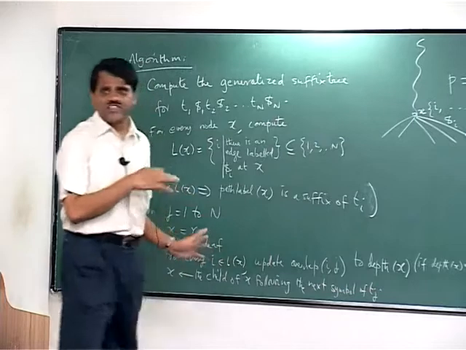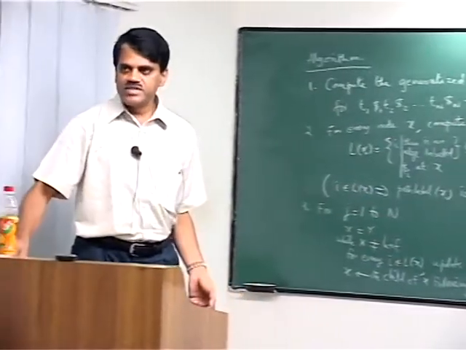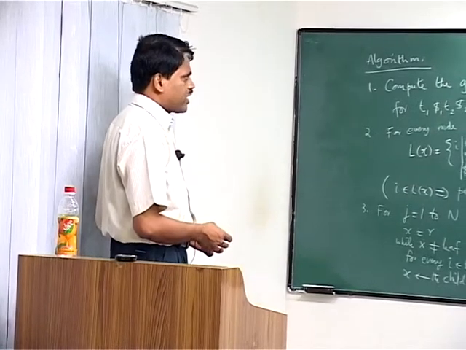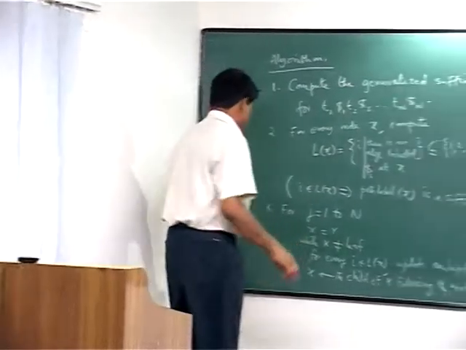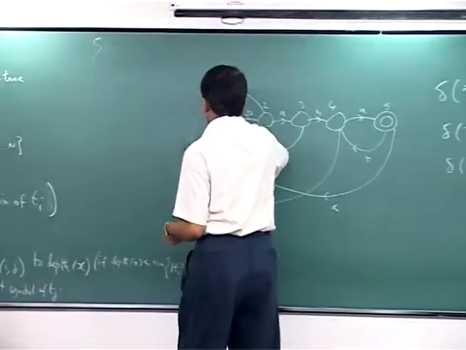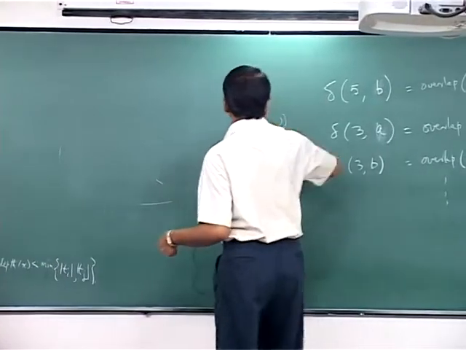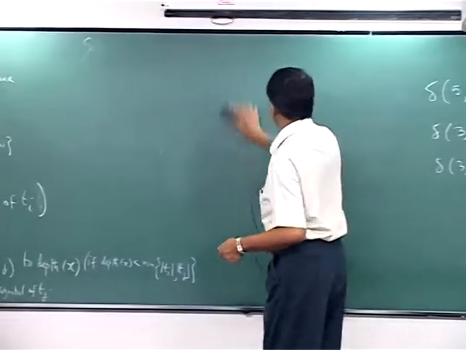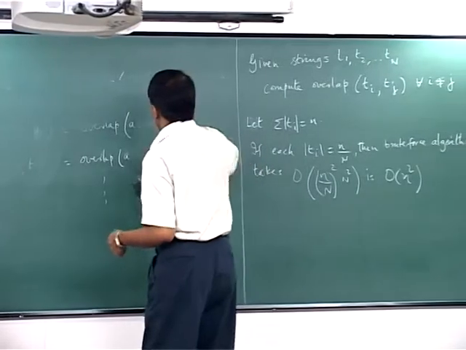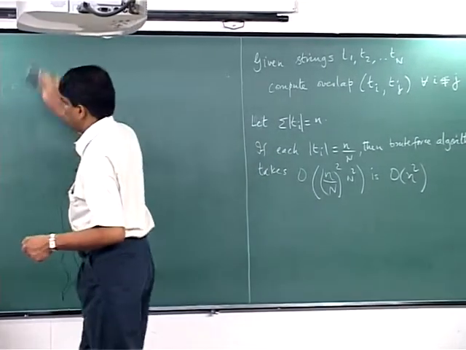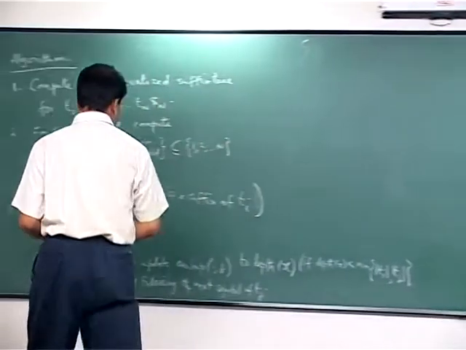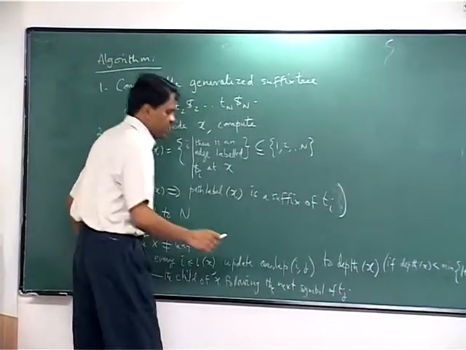Okay, there are a lot of notations and it might sound mysterious here, but it's not very hard at all. I'll just explain what's going on here. I'm computing overlap of Ti and Tj actually.